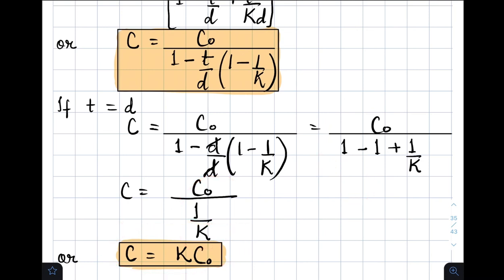This is the required equation if our entire medium is filled with a new dielectric.